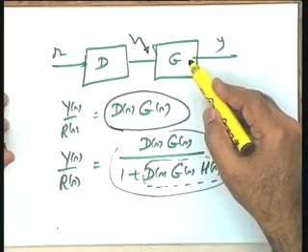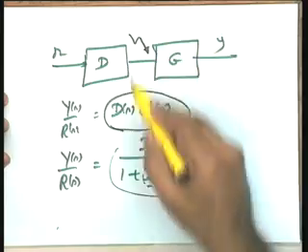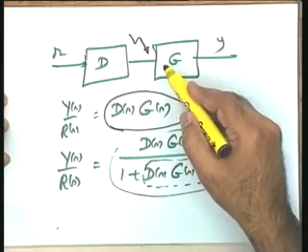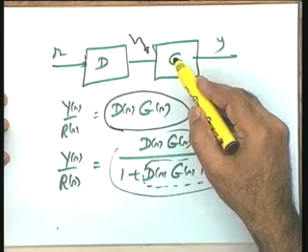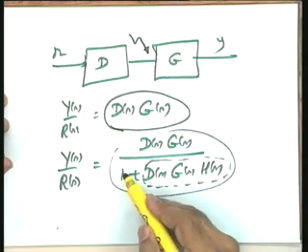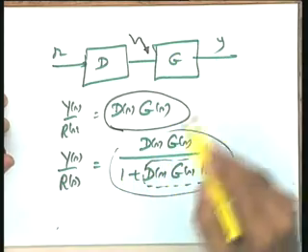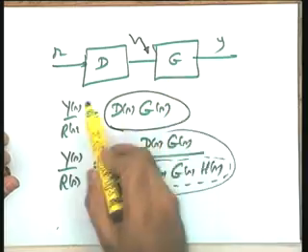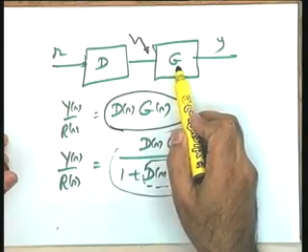So it means the selection or tweaking of the plant should be done in such a way that the open loop gain of the plant is high, to account for the loss of gain which will occur because of the feedback action. Suppose in the open loop plant there was a certain gain G required.